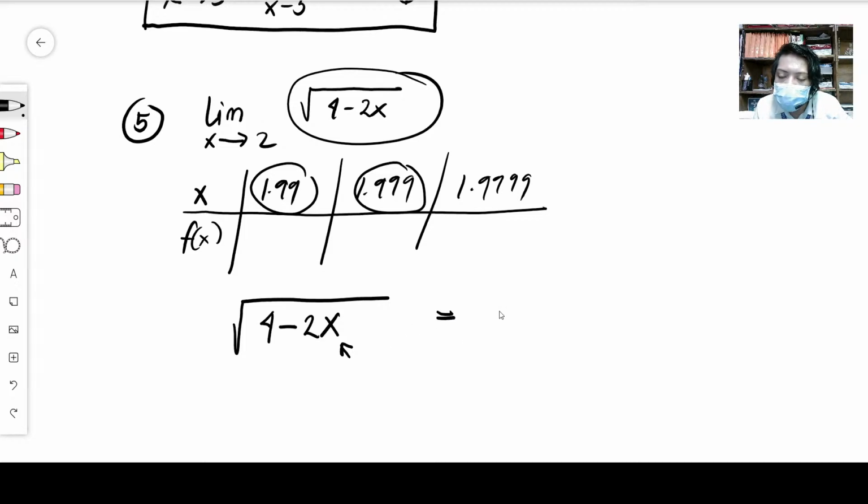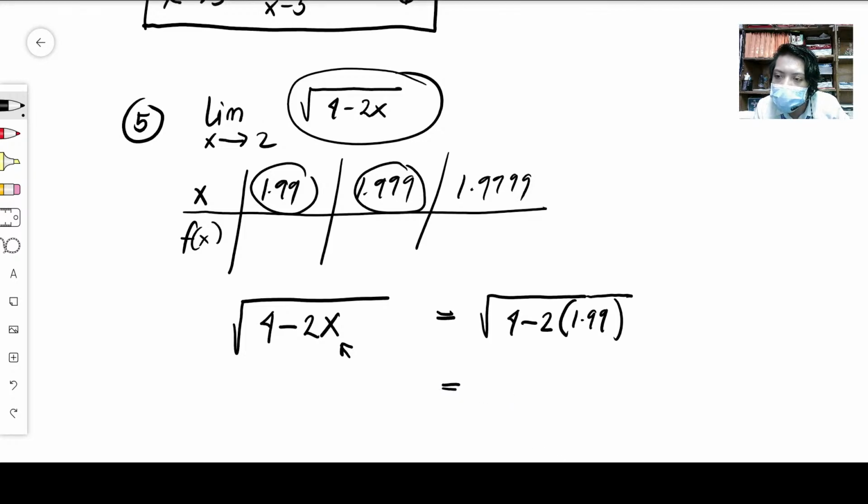For example, if your value is 1.99, this is equal to the square root of 4 minus 2 times 1.99. If we evaluate it, there might be an imaginary value.